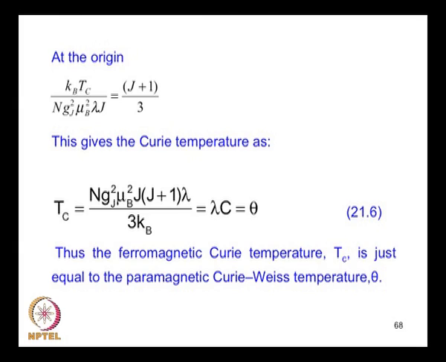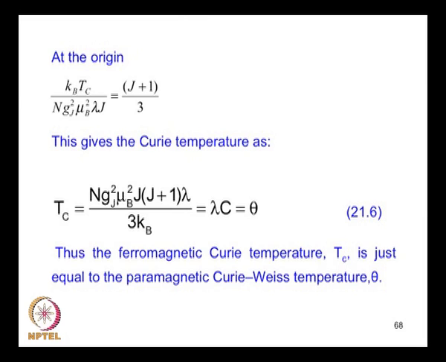And we know gJ μB into (J+1)/3 kB is our effective magnetic moment, and therefore, if this ferromagnetic Curie temperature is the same as the Curie-Weiss temperature, then this is λC equal to θ.